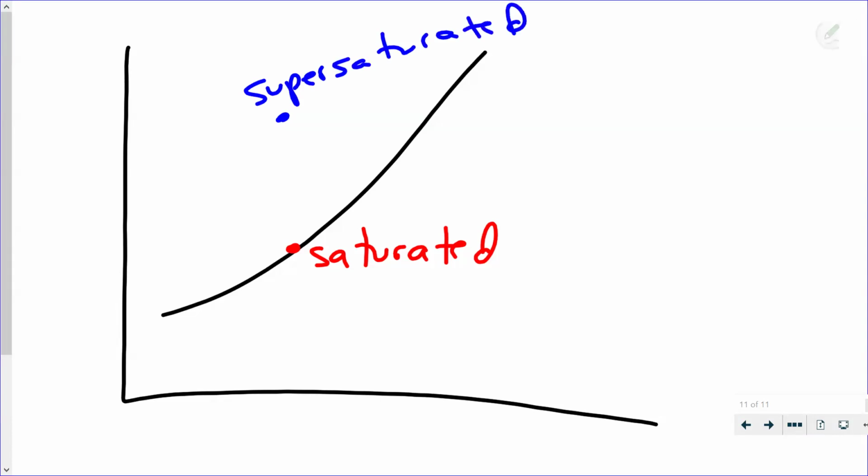And therefore, anything below the line is unsaturated. So you need to know this for when there are different questions I might ask you. Is this value saturated, unsaturated, or supersaturated at this temperature? It's always at a specific temperature.